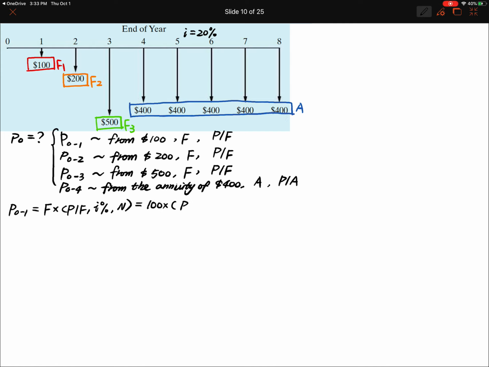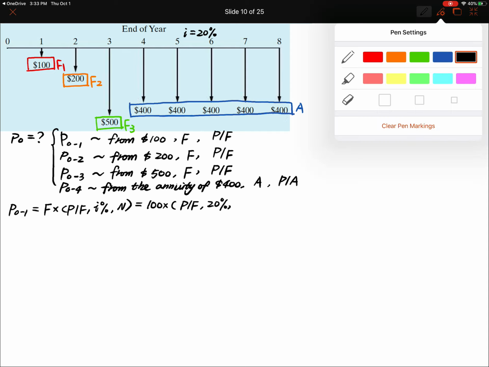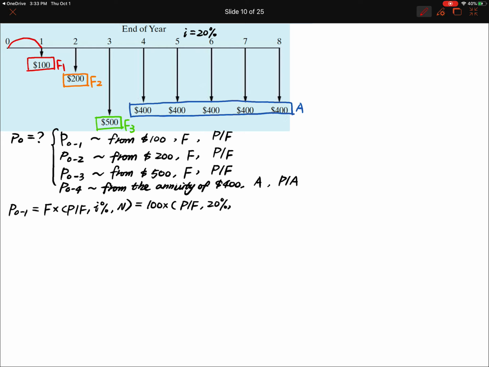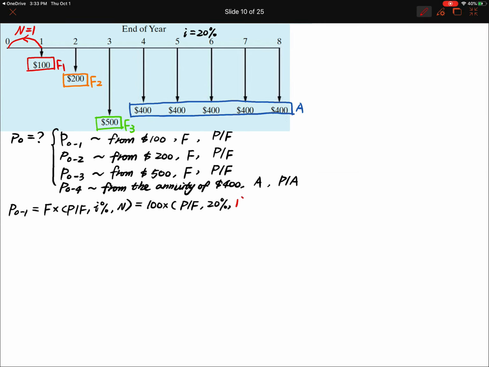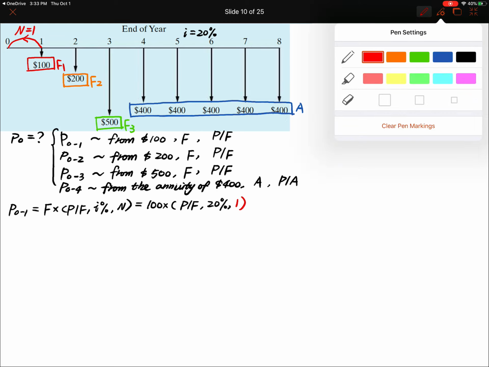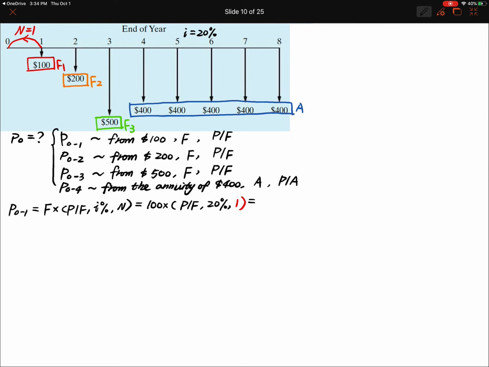So now the F is 100, P/F, I is 20%. What is the N? How many periods between 0 and the time 1? Or how many times you need to jump from time 1 back to time 0? 1, right? So N is 1, okay? So here N is 1.